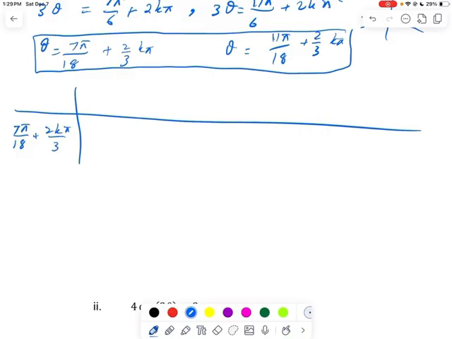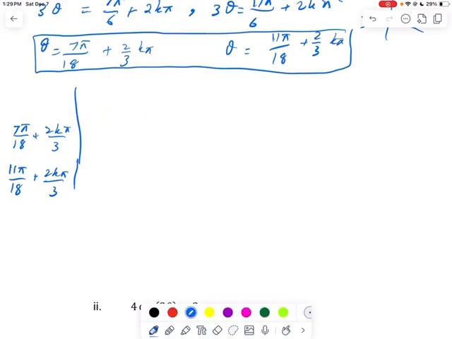And the second row I will write the other one, which is 11 pi over 18 plus 2k pi over 3. Okay, now I will take different values of k and accordingly find the corresponding values of these angles.